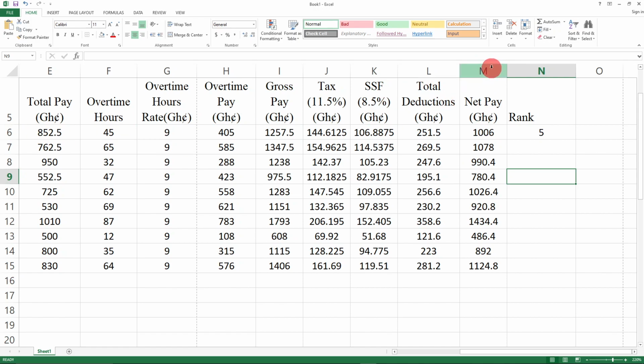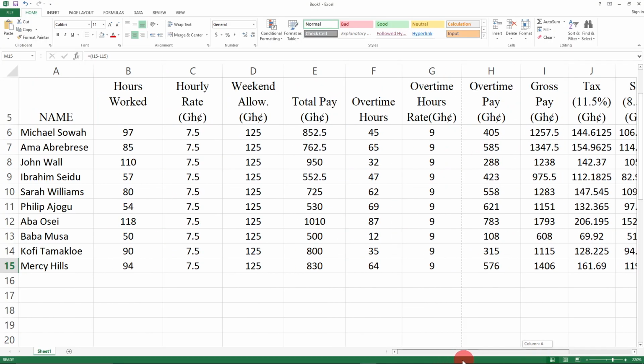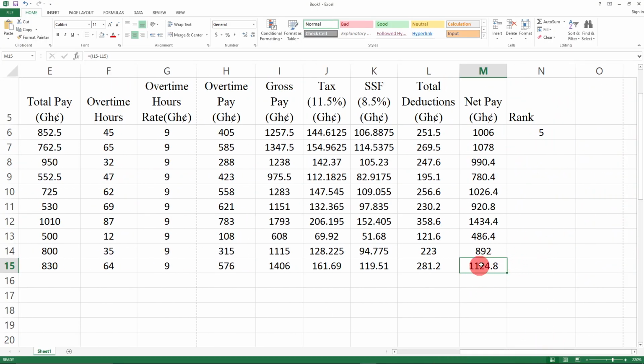So you have to put the formula down: M6, then the dollar sign, M again, and the dollar sign, and then the 6 again. Then a semicolon, S, dollar sign, M, dollar sign, and then the 15. The 15 is the last person, which is Mercy, the M15, and then comma, and then 0.